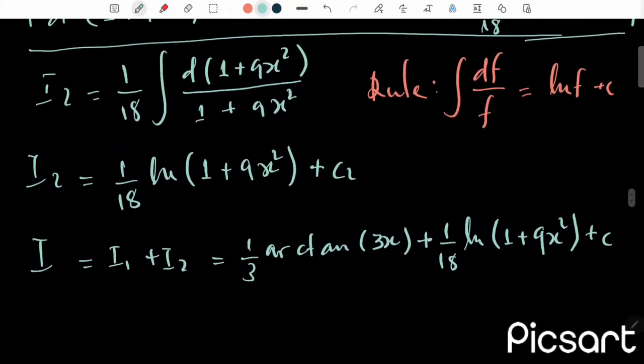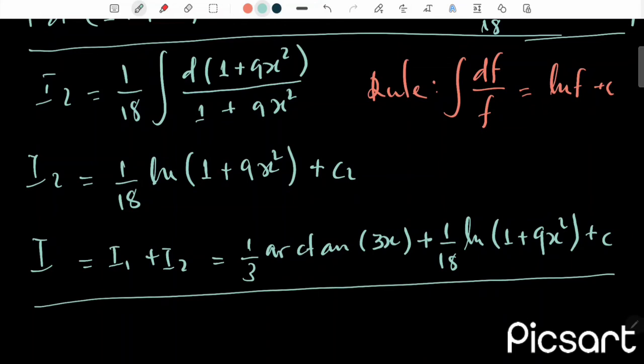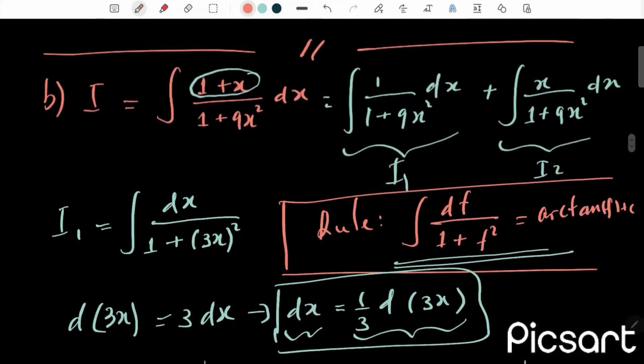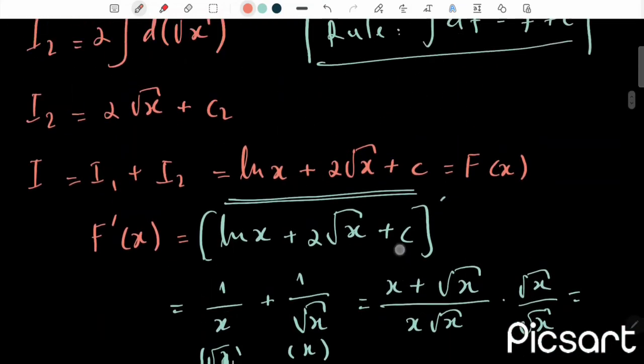This is the solution for the second exercise. We can take the derivative of this function and we will see that actually this is the solution. Okay, we go on solving now exercise C.